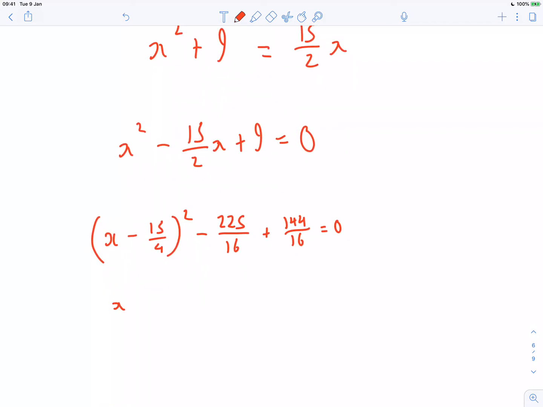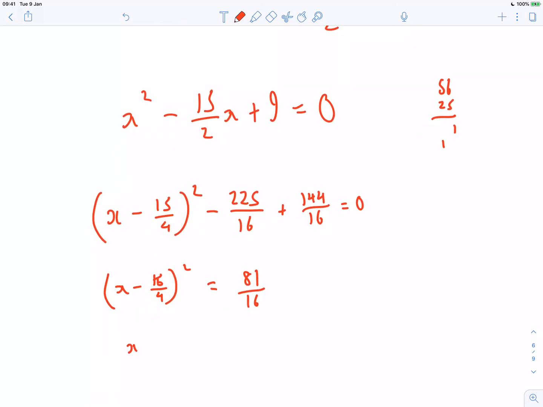And then this is going to be x minus 15 over 4 squared equals, if I add the 225 and then minus 144, I've got to add 56 to this. What's 56 plus 25? That's 81, isn't it? So that's 81 over 16.